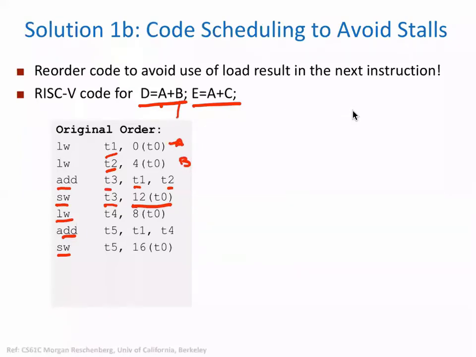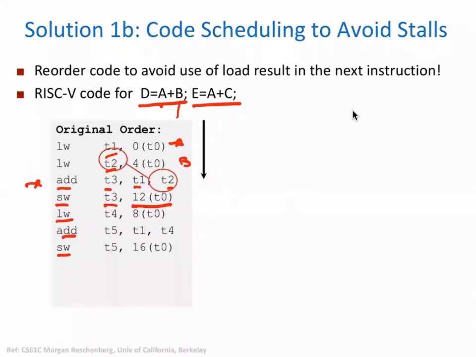We can see that there is some problem here. This is one dependency: T2, which we are loading from memory, is available only after a few cycles, because the next instruction is using the register value T2.